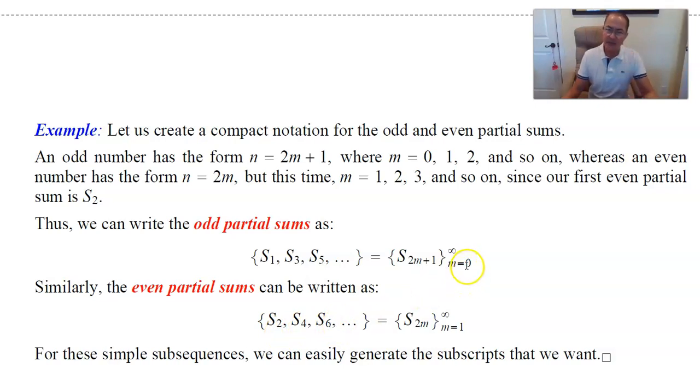Could I have started m at 1 here? Sure. In this case, then, to produce 1 from 1, you will need 2 times m minus 1. But it doesn't really matter because we're going to do something to the odd partial sums and something different for the even partial sums, as we are about to see.